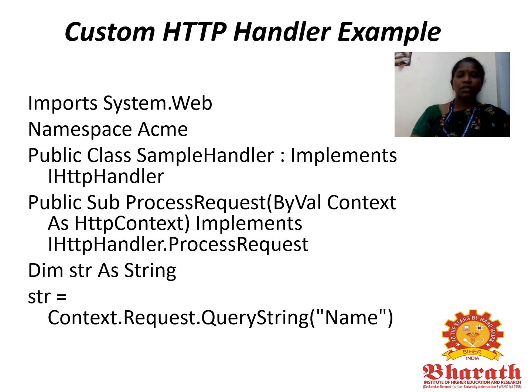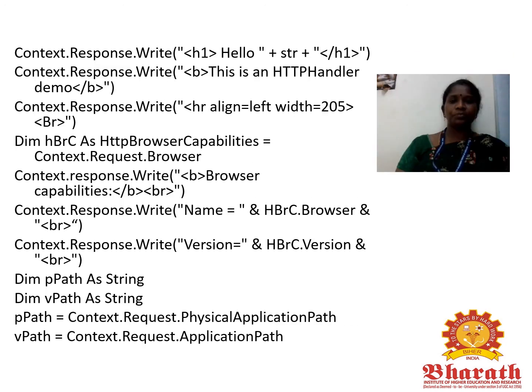Next, dim a string, with any name we can give, that is, the string equals request.QueryString name. In that string you can use hello or anything, using header tags. Here for the hello string we can use the h1 header tag. Next, context.Response.Write, in bold for that header.